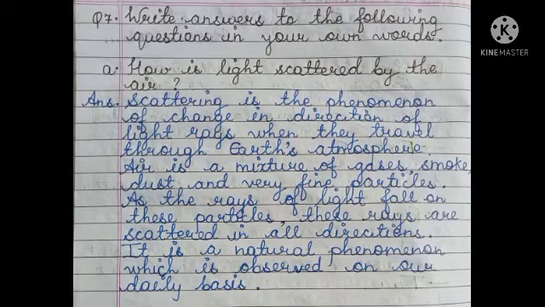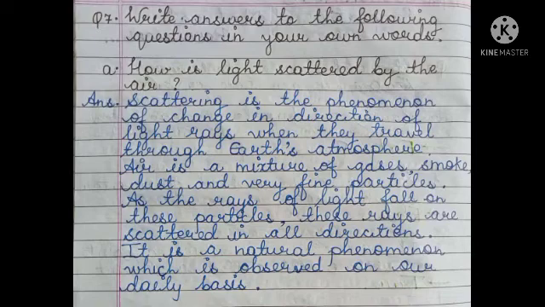Answer is, scattering is the phenomenon of change in direction of light rays when they travel through Earth's atmosphere. Air is a mixture of gases, smoke, dust and very fine particles. As the rays of light fall on these particles, these rays are scattered in all directions. It is a natural phenomenon which is observed on our daily basis.